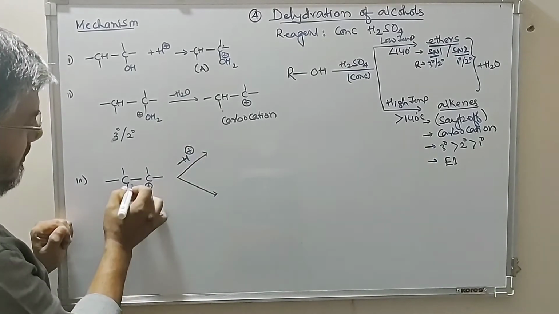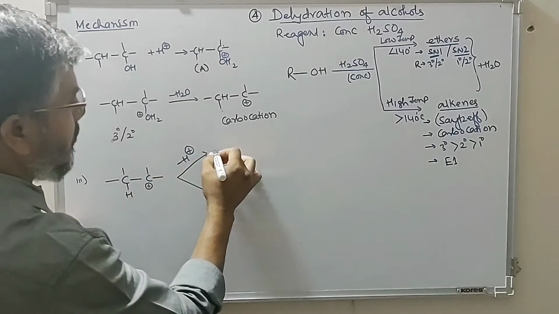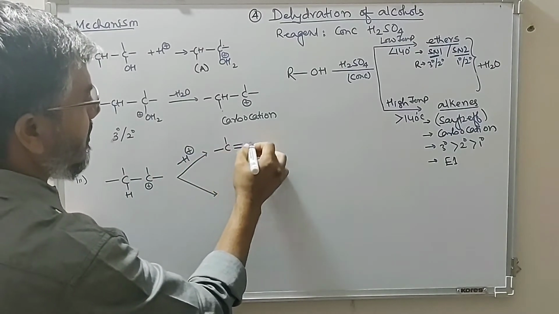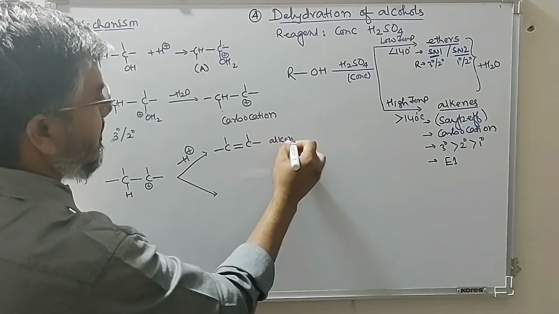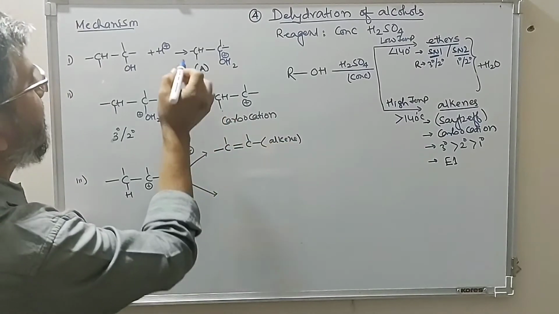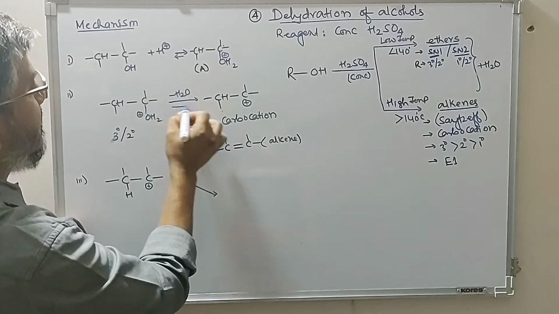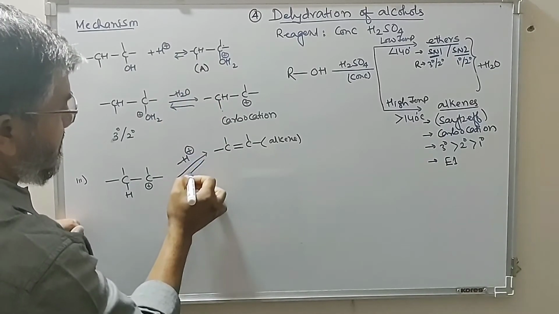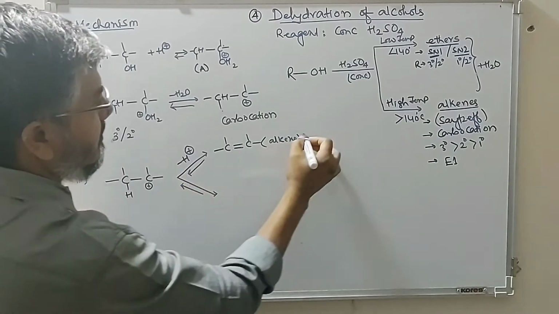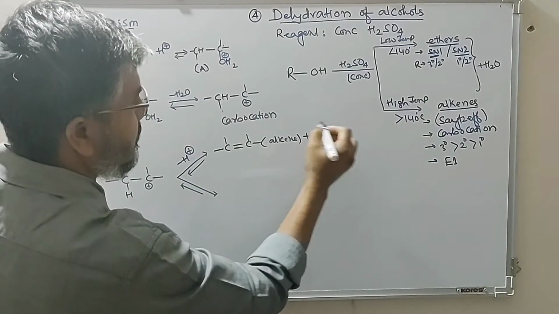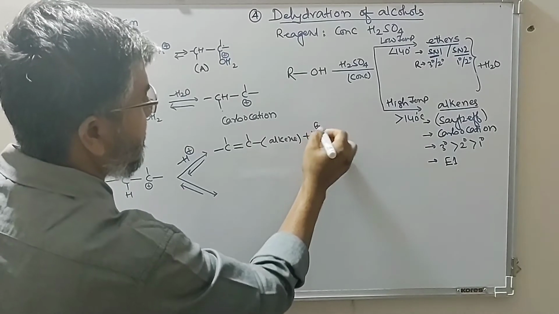If this undergoes elimination of H plus ion, then this gives you alkene. So this is alkene, and all this reaction is a reversible reaction, plus H2O, plus H plus ion.